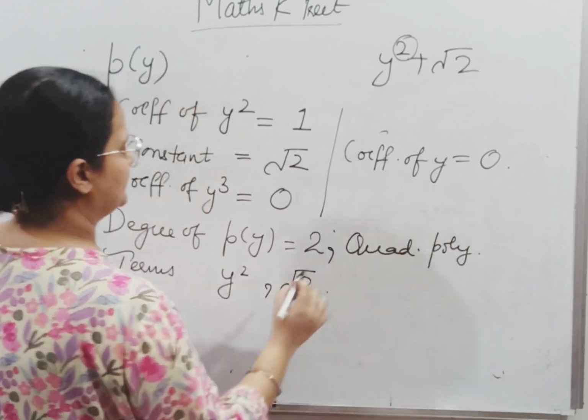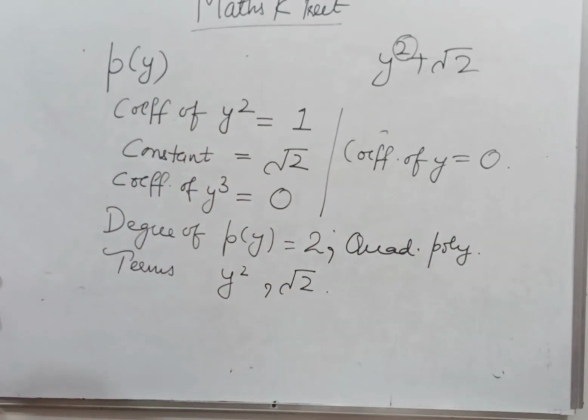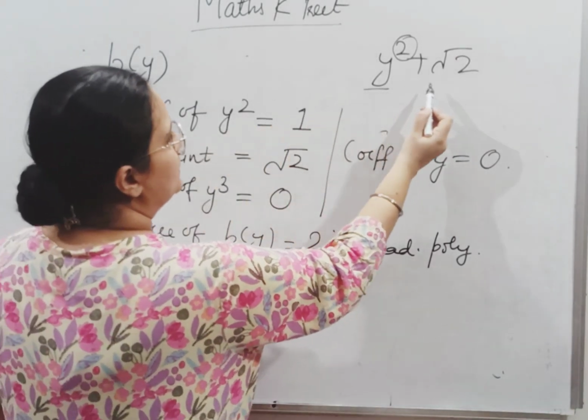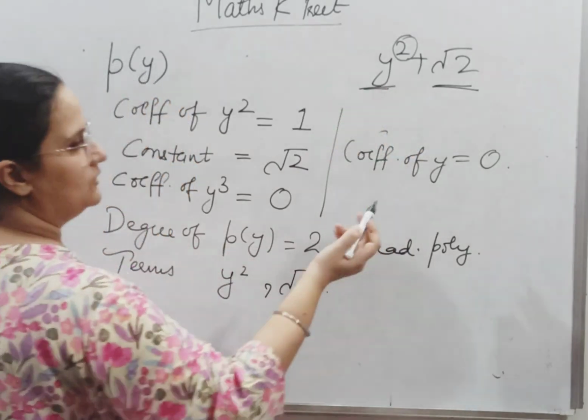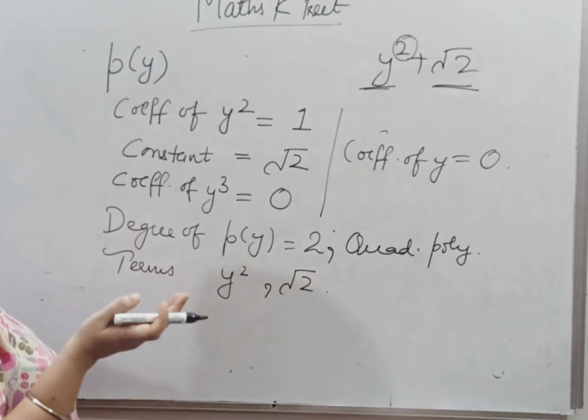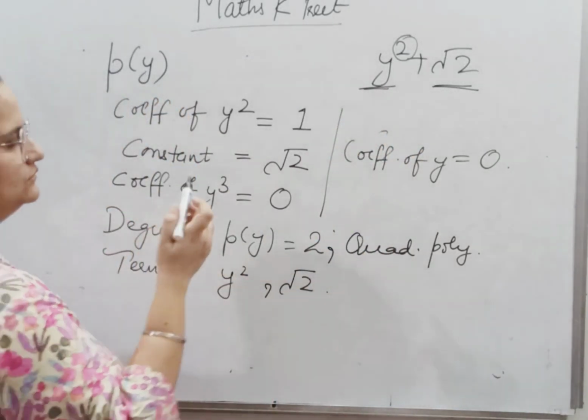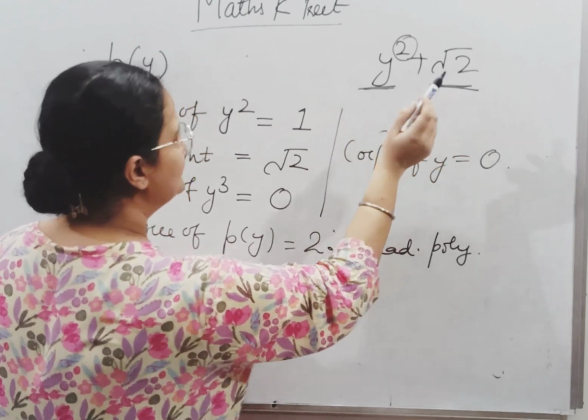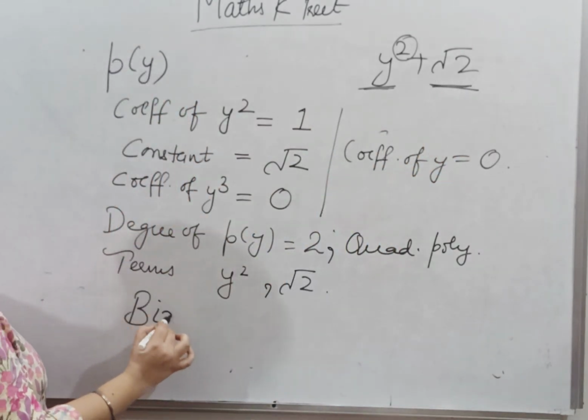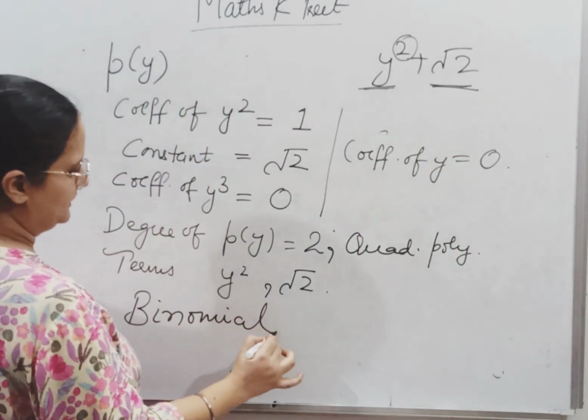Check whether this is a monomial, binomial or trinomial. This polynomial is having 2 terms. Binomial, trinomial has to deal with the number of terms. 2 means binomial. So this is a binomial.